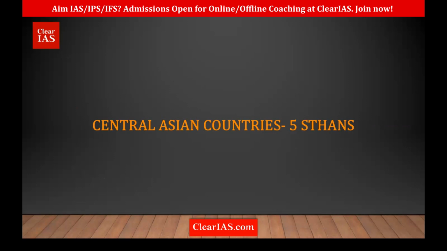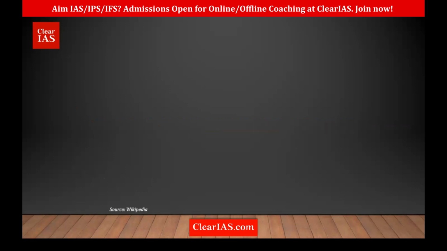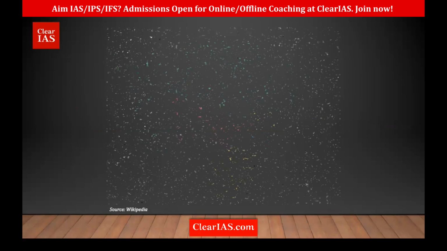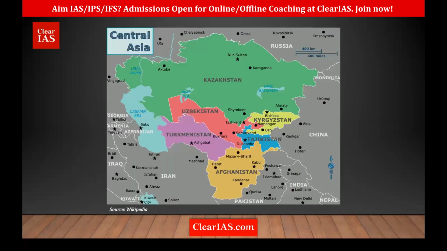These five Central Asian countries end in 'stan', which is why I've called them the five stans: Kazakhstan, Uzbekistan, Turkmenistan, Tajikistan, and Kyrgyzstan. Actually, Afghanistan is not part of the Central Asian countries. Remember they were initially part of the Soviet Union.